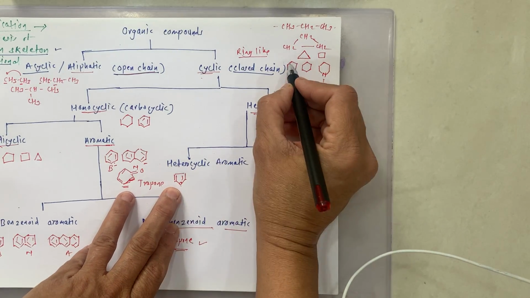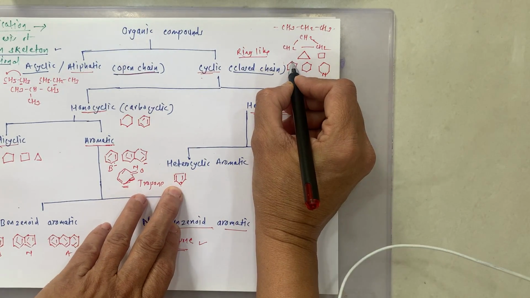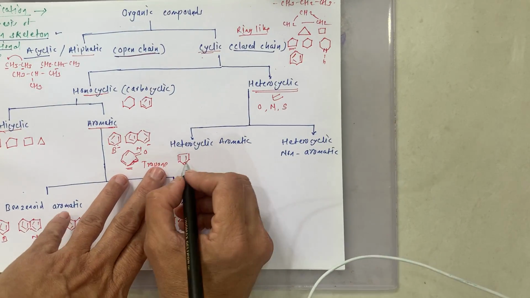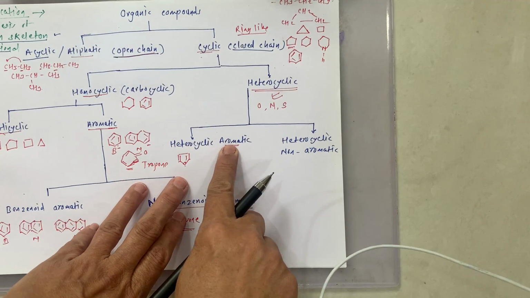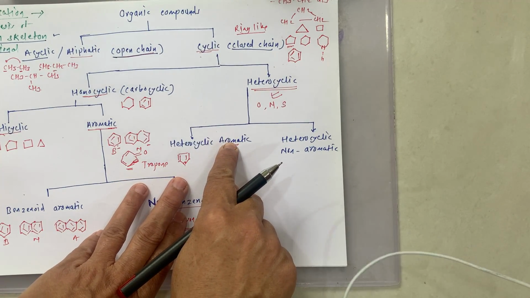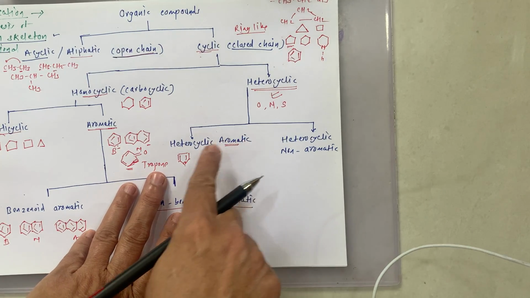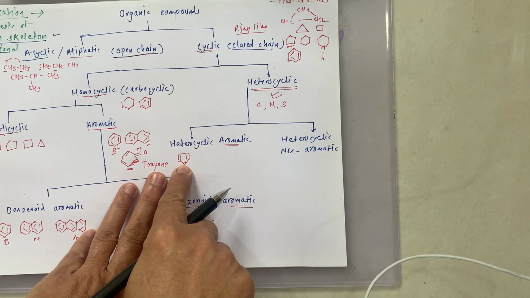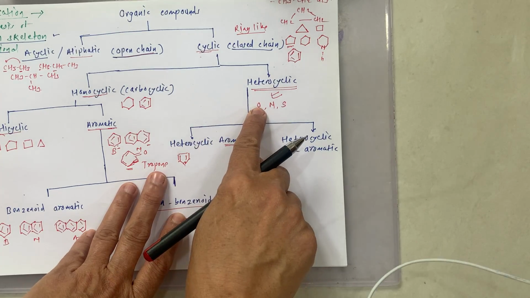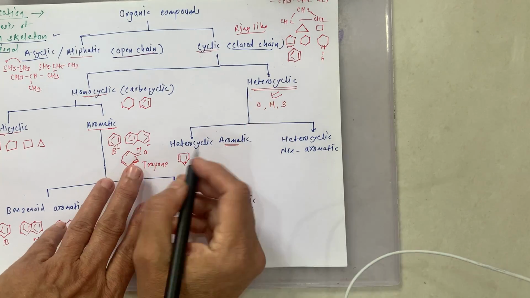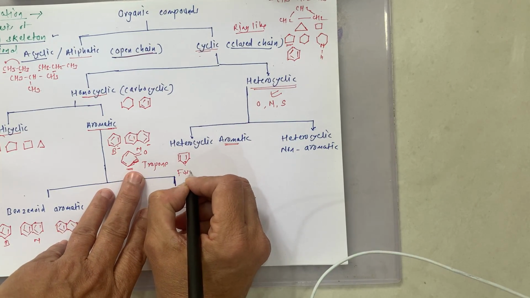Here it is oxygen, while here it is carbon, but this compound has aromatic character, and that's why this aromatic compound with one oxygen, which is a hetero atom, is called a heterocyclic aromatic compound. This is known as furan.